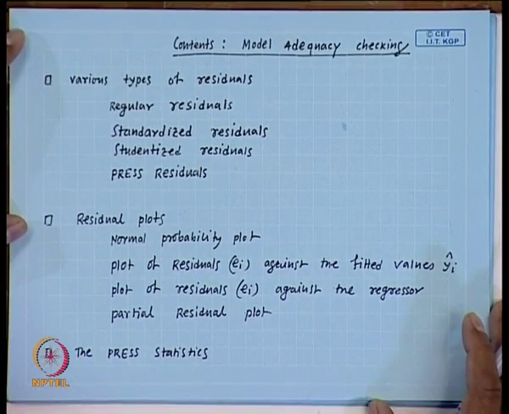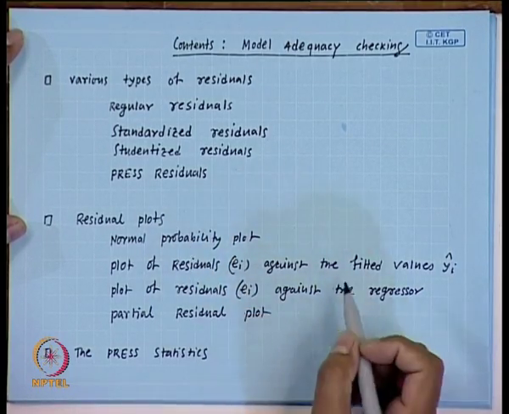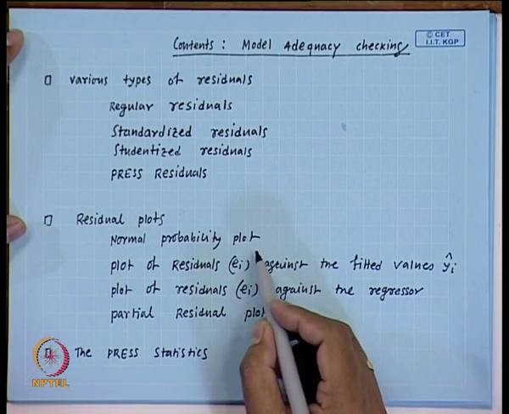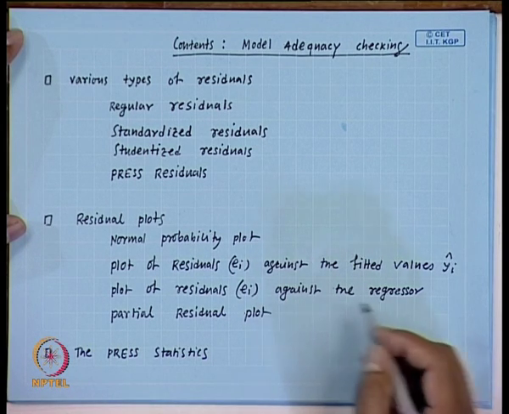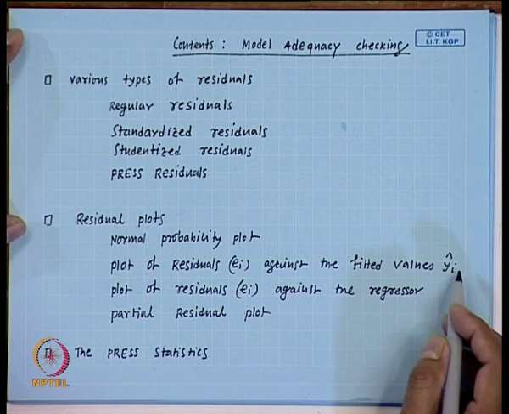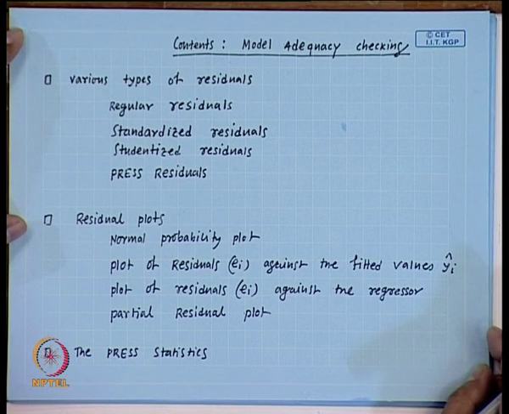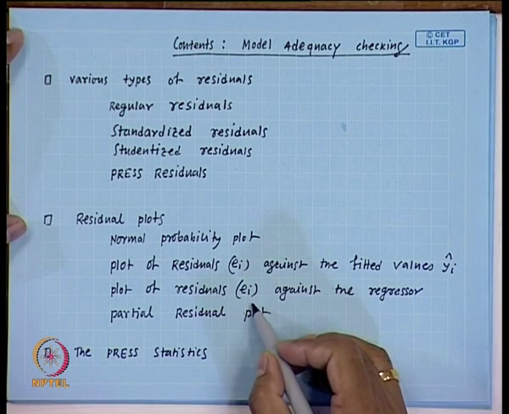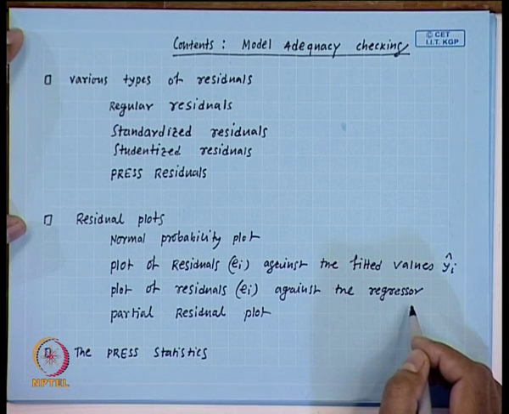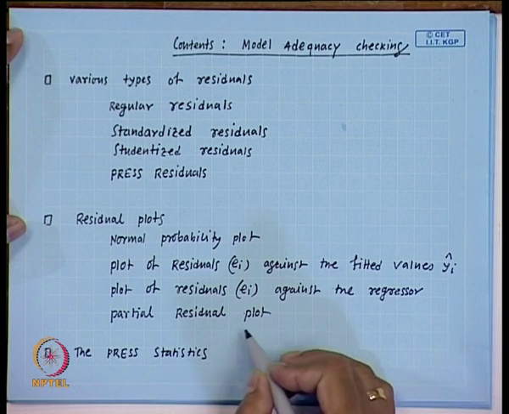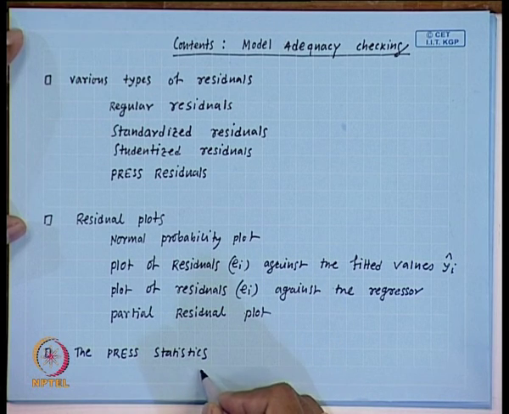And also we have talked about two residual plots, the normal probability plot and the plot of residual against the fitted value yi hat. So, what we are going to do today is talk about the plot of residual against the regressor, then the partial residual plot, and finally the PRESS statistic.